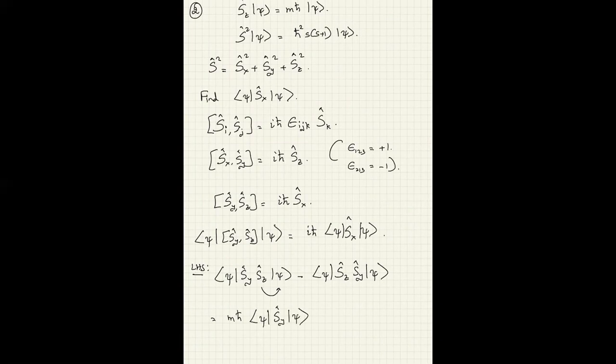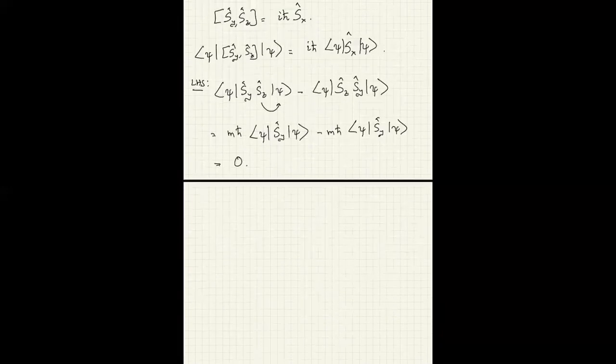Since Sz is a Hermitian operator, Sz can also act on the left on the bra psi, so this also gives you m h bar psi Sy psi. These two terms are exactly equal to each other, so the left-hand side is equal to 0. If the left-hand side is 0, obviously the right-hand side is also 0.